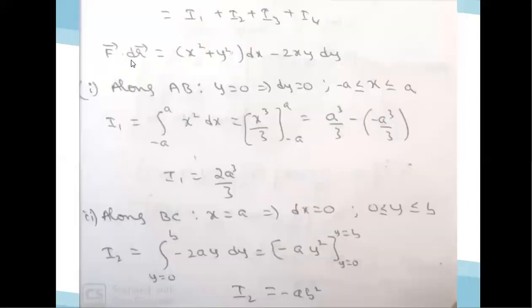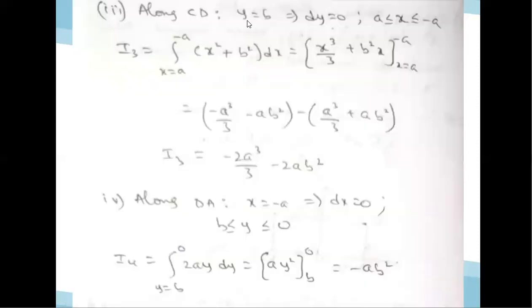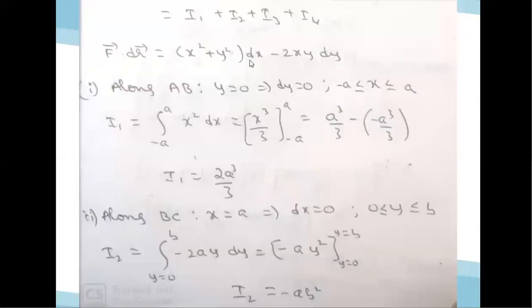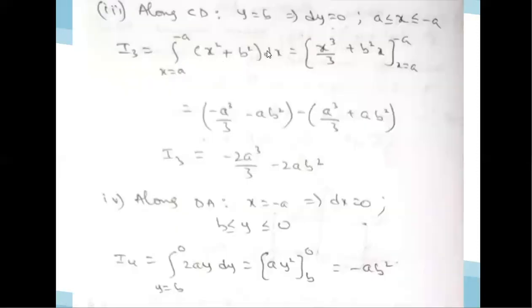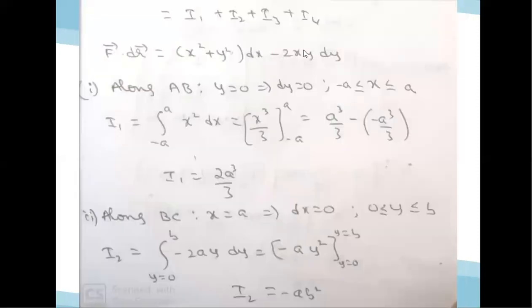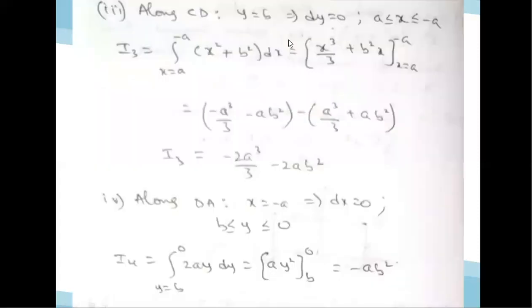So I3 is the integral from a to minus a. In the dot product of this, y must be replaced by b, so that you get x square plus b square into dx. And the second term vanishes because dy is equal to 0, so the second term is equal to 0.